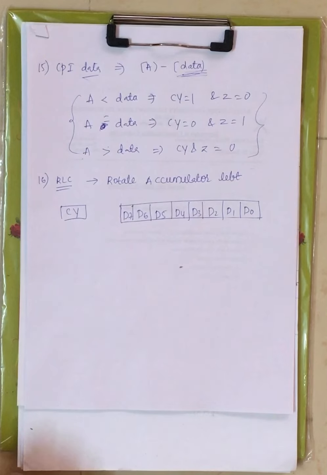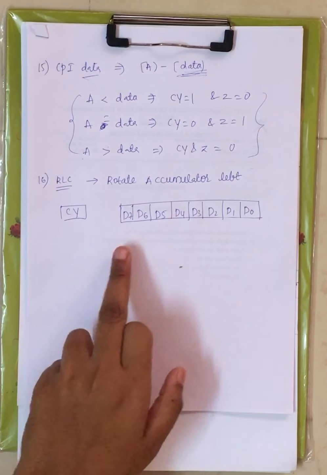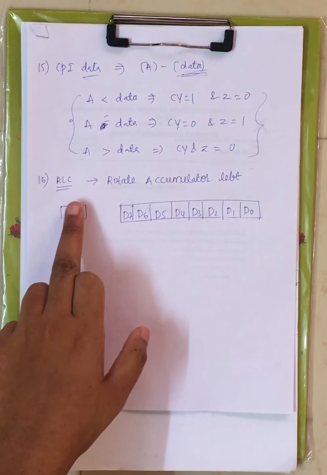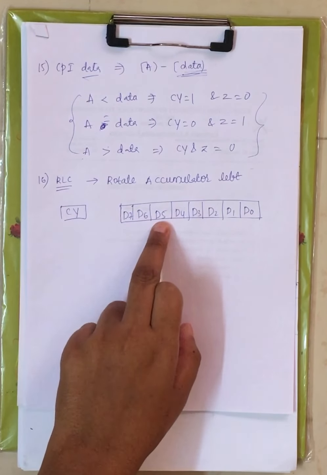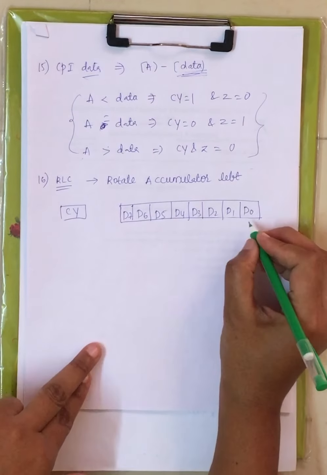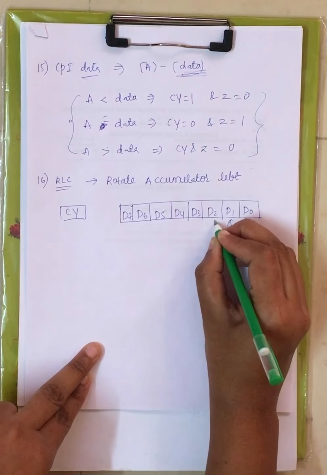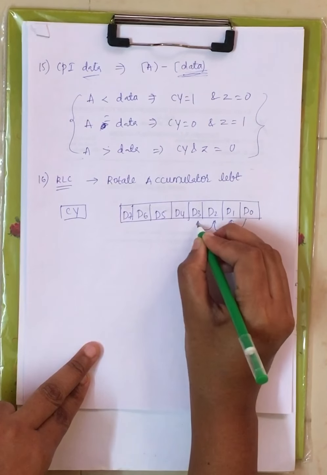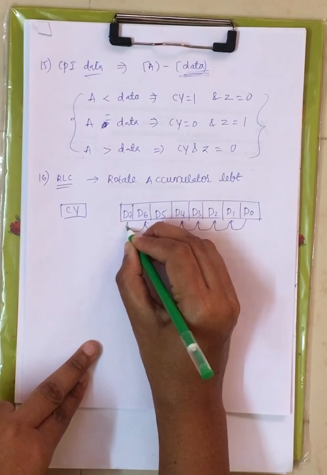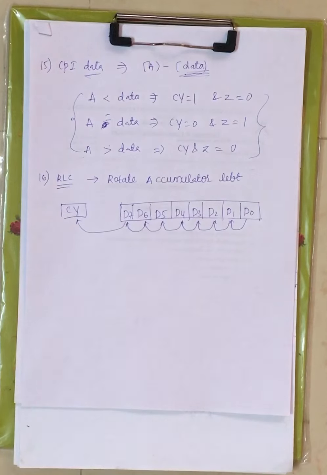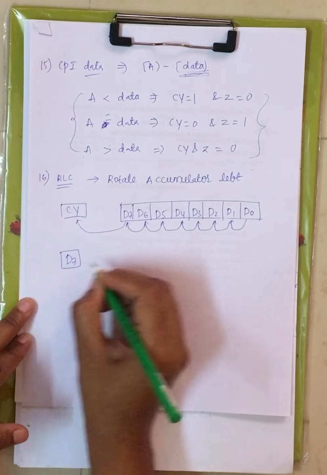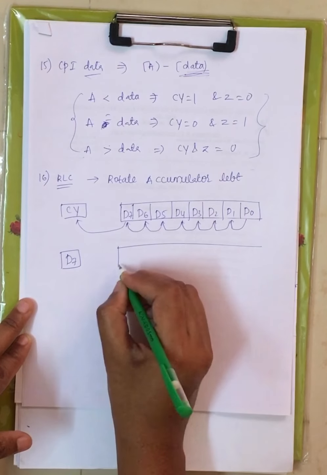Using this rotate accumulator left instruction, we can shift each bit to the adjacent left position. That means D0 is shifted here, D1 here, D2 here, D3 here, D4 here, D5 here, D6 here, D7 here, right? Now the carry is replaced by the D7 bit.